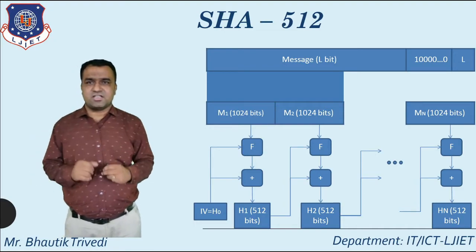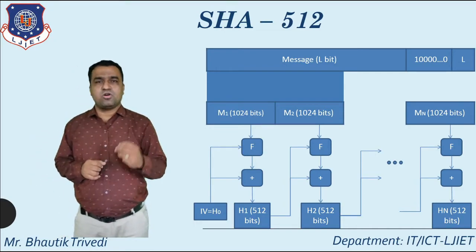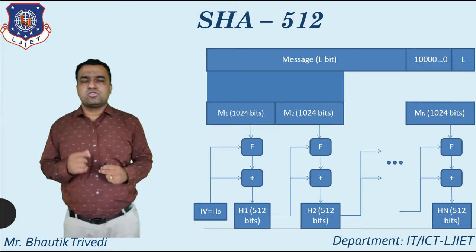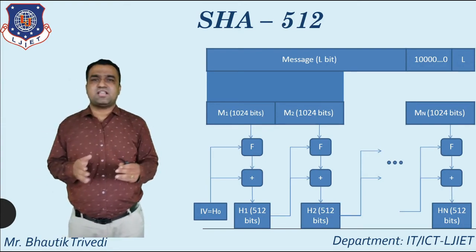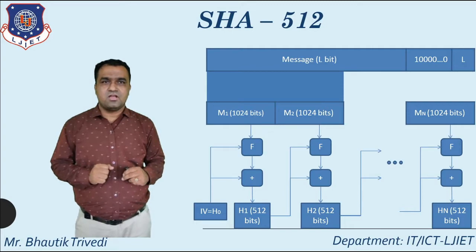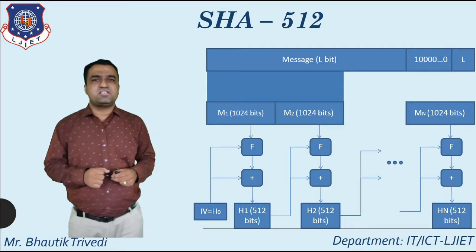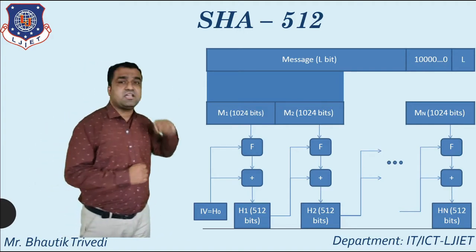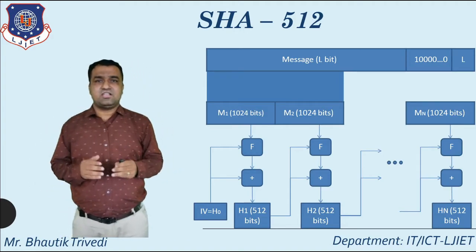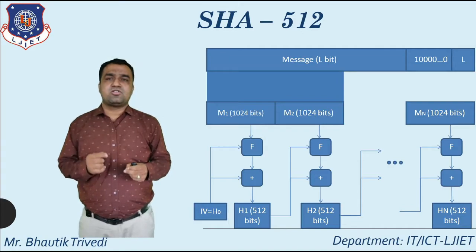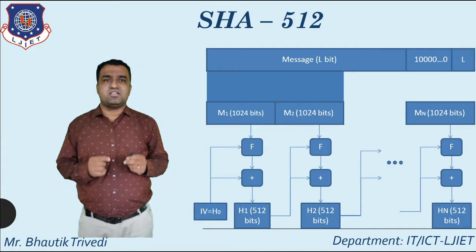Whatever I discuss is already in this diagram. First, see the message of L bits. Then after 1 and all zeros, that is the concept of padding. And then after that, L means appending the length.